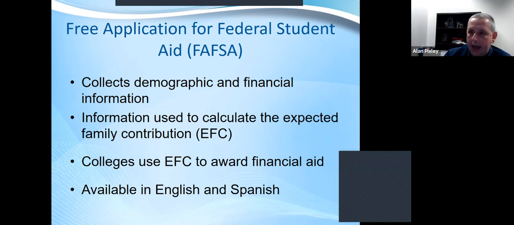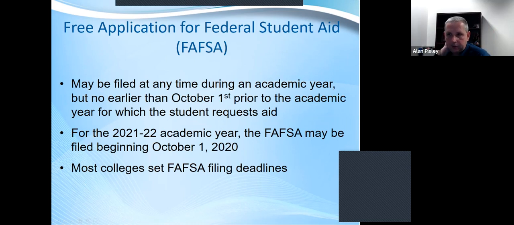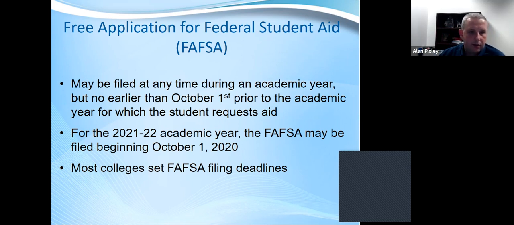So next we'll talk about continuing in the Free Application for Federal Student Aid. That may be filed at any time after October 1st. That's the October 1st prior to the new academic year starting. So for 21-22, that was this past October, just last month.